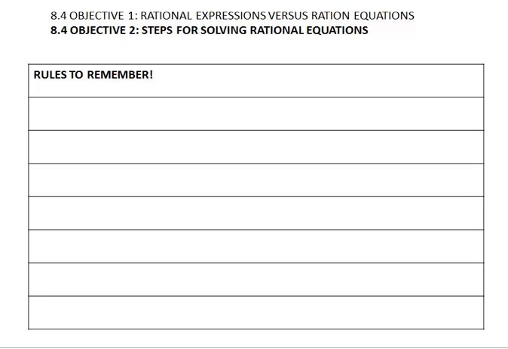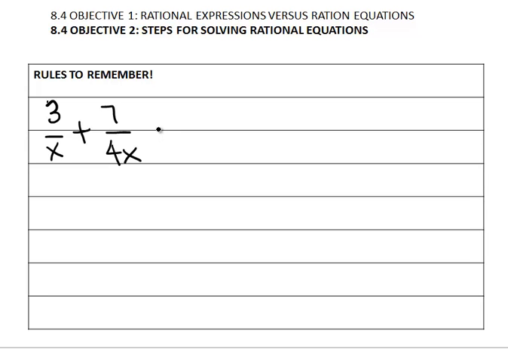Keep in mind that an expression is basically just part of a quote-unquote sentence. So I could have 3 over x plus 7 over 4x. There's no equal sign here, so I don't really know what to do beyond simplifying this.